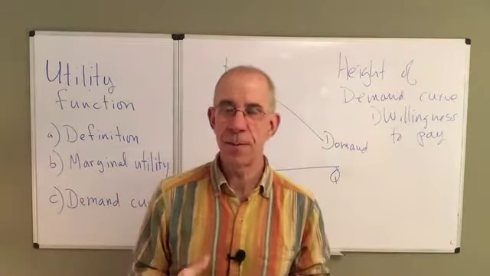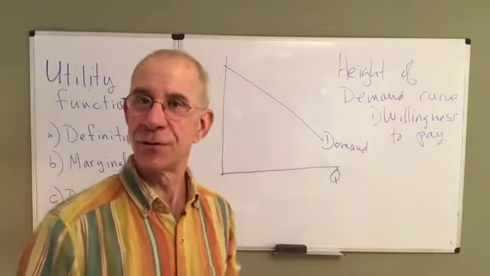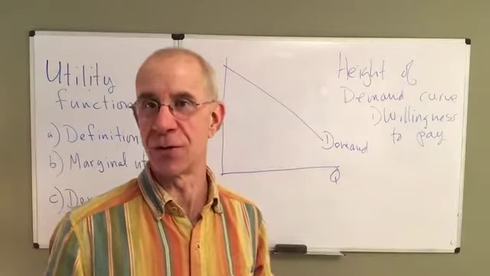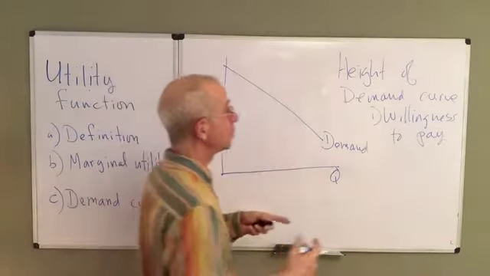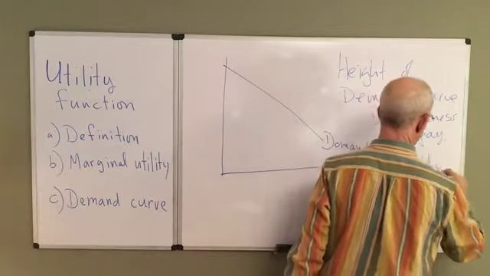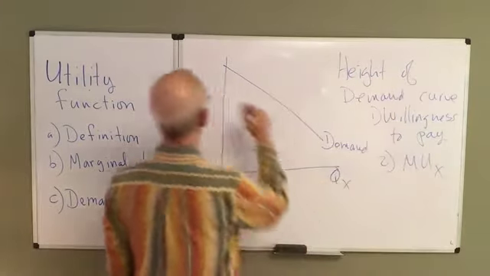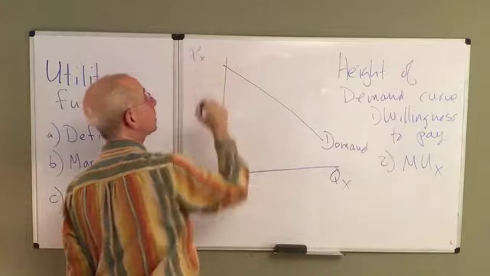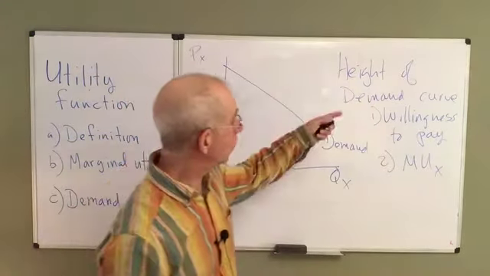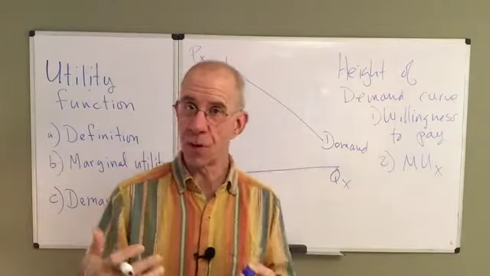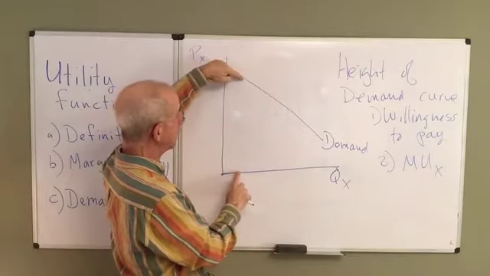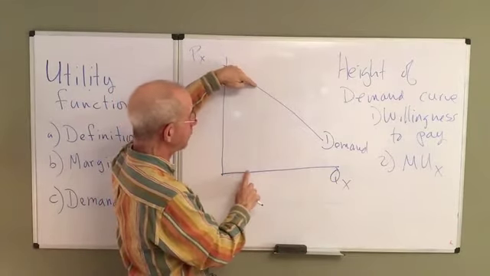Now, how much am I willing to pay? Well, that probably depends on how many jollies I get out of it, how many utils I get out of it, what my marginal utility is. So you can think of the height of a demand curve as the willingness to pay or the marginal utility. The first unit, I get this much utility. The second unit, that much utility. The third unit, that much utility.